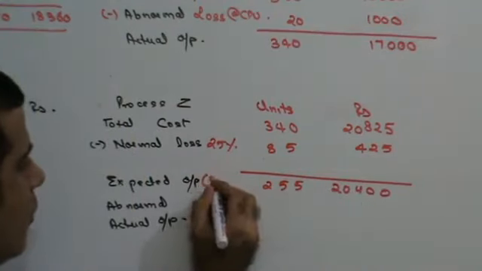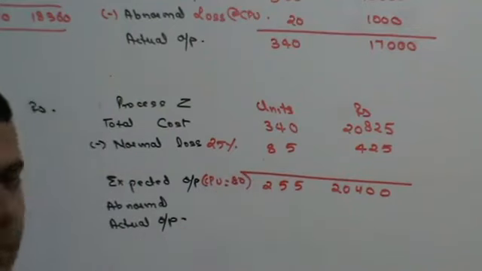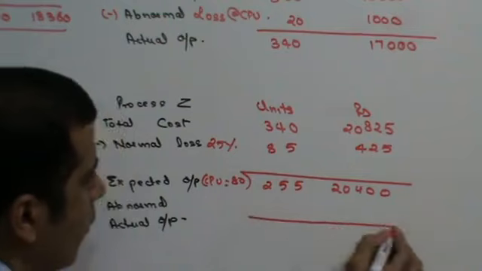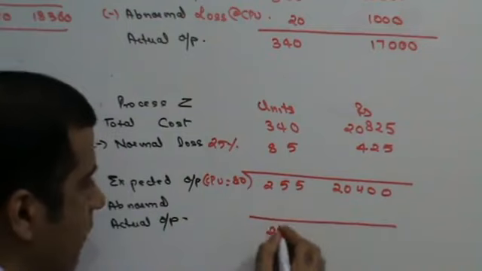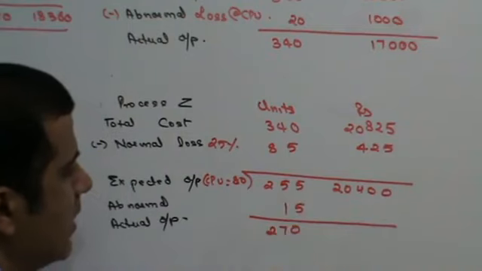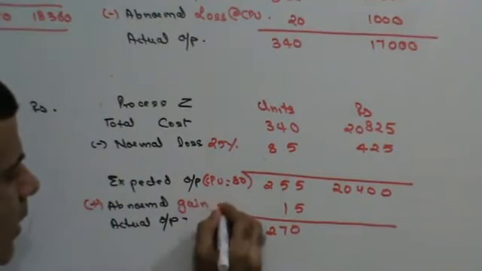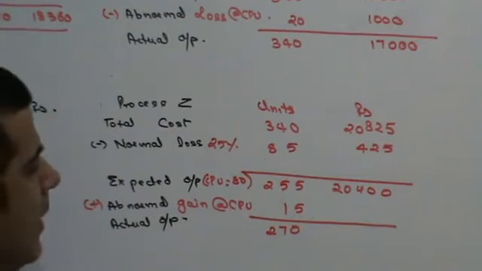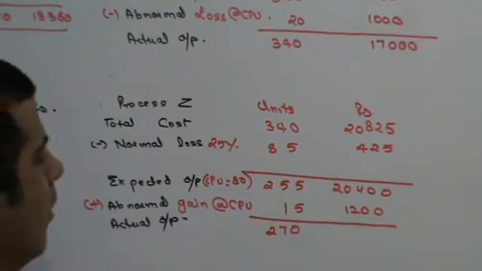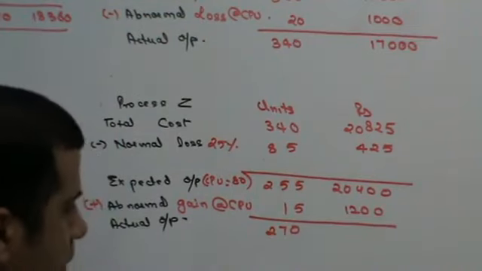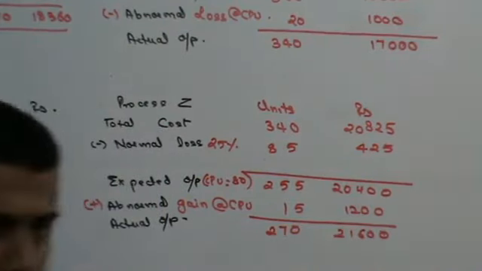So my CPU is going to be nothing but 80, right? Actual output is given to you as 270, 255, 270. You are getting an abnormal gain at the rate of CPU 80, 15 into 80 is 1200. So abnormal gain is going to be 1200. So this is 21,600.